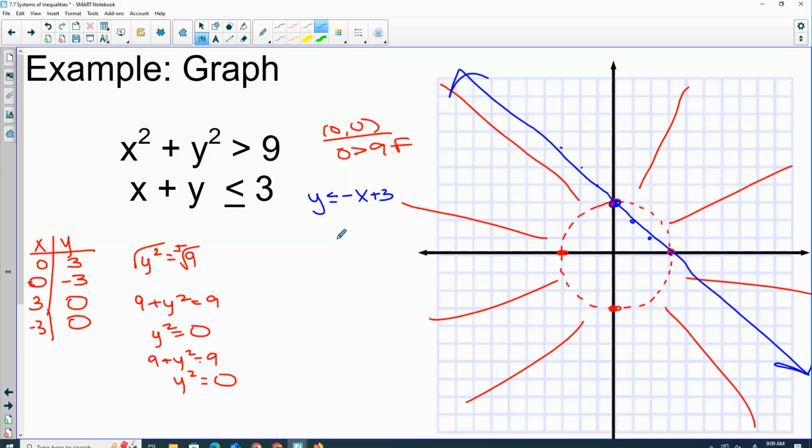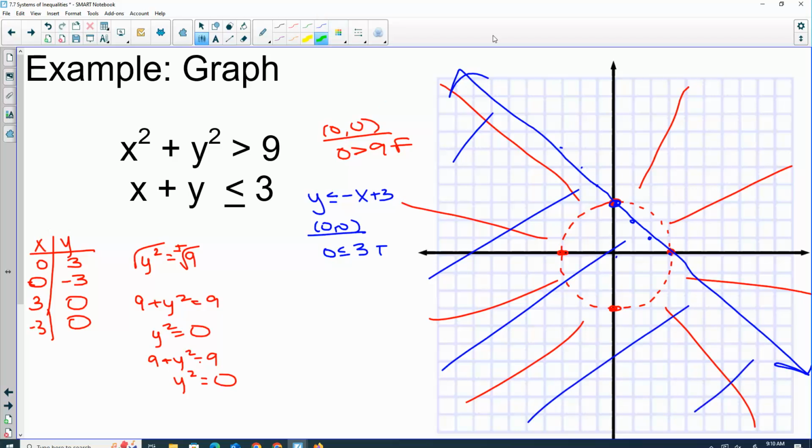You could recognize less than shades below, or you do your test point. So you get 0 is less than or equal to 3, which is true. So 0, 0 works, so we're shading below. So the overlap is everything below this line, but outside the circle. So we're getting this region here.